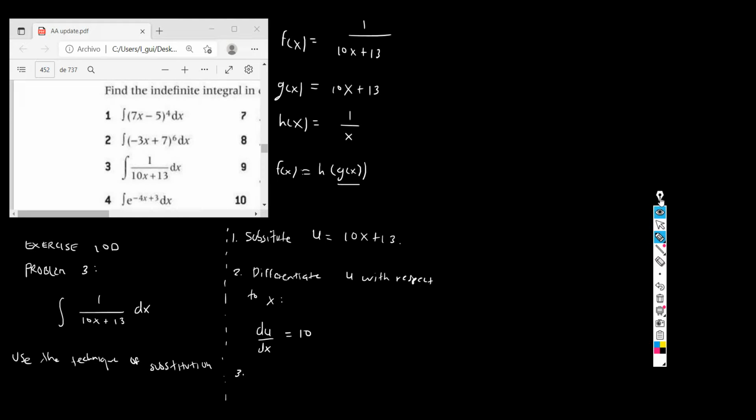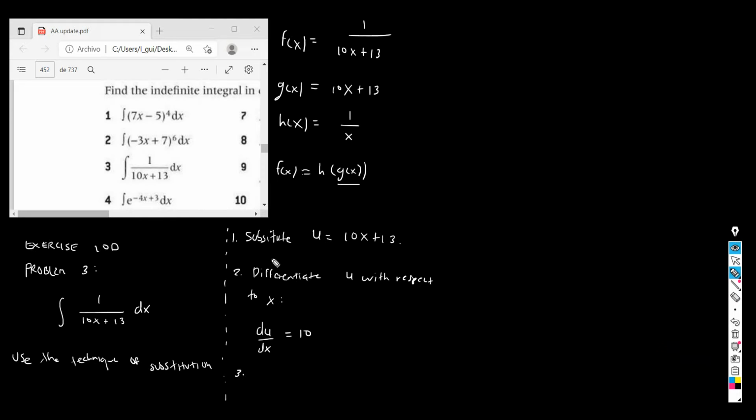Number three, you need to isolate dx over here. So dx is going to be equal to du over 10. All right.